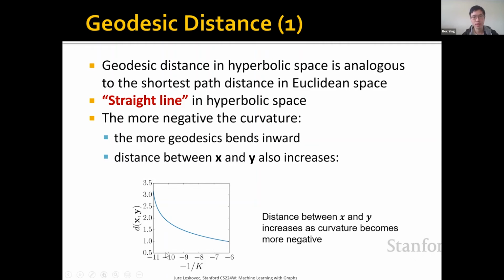Here is an example plot where we compute the distance between two points, x and y, with the same coordinates. Imagine x is (0.5, 0.6) and y is (0.2, 0.3). The distance between them increases as the curvature becomes more negative.